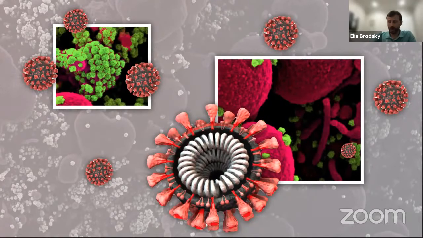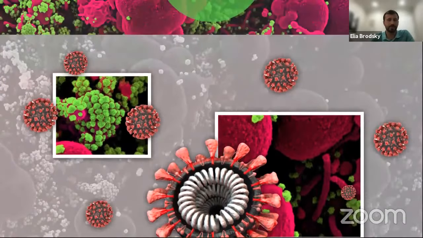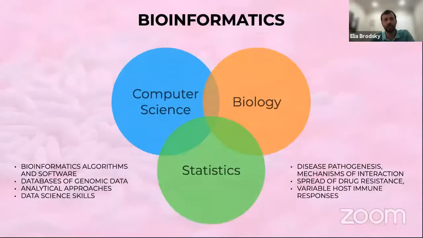And so that's why I think that bioinformatics is really central to our ability to improve medicine and improve treatment that is more effective, less toxic, and guided by our understanding of these molecular signatures. And so to develop bioinformatics skills, you need to have some sense of the biology, computer science, and the statistical methods that are used to analyze such data.